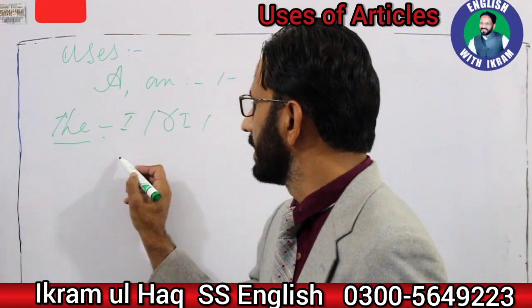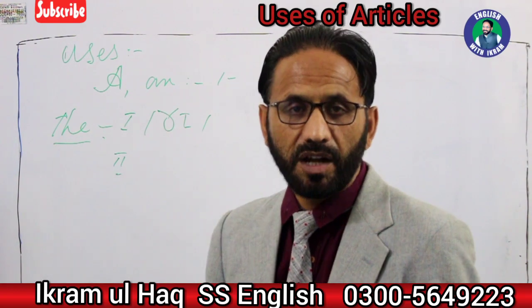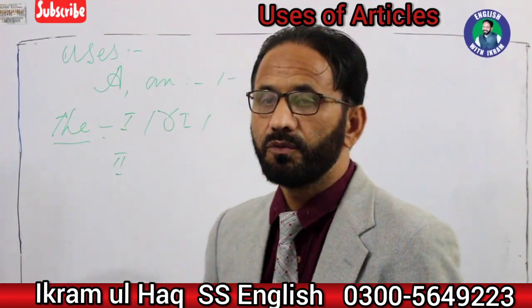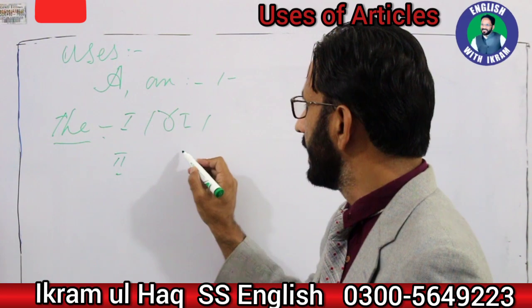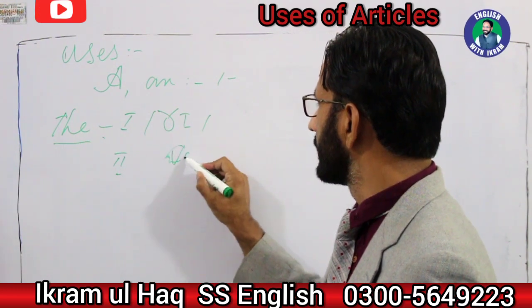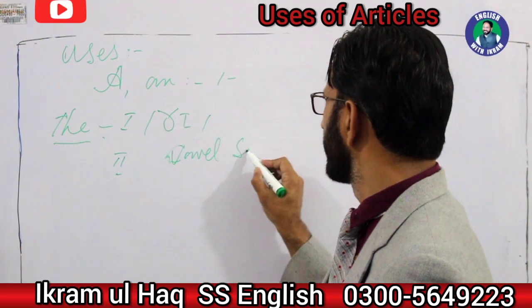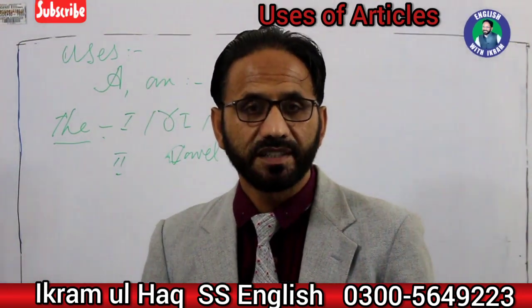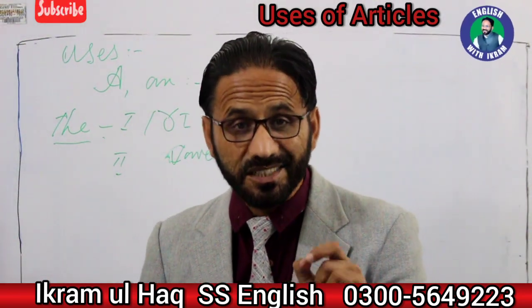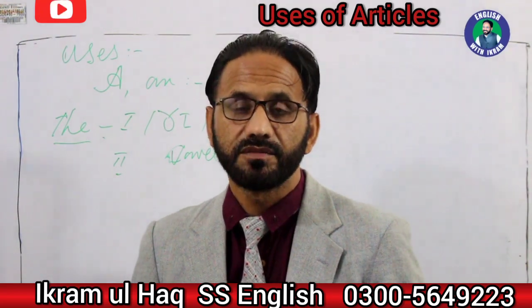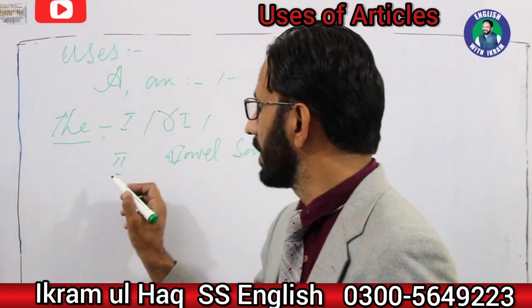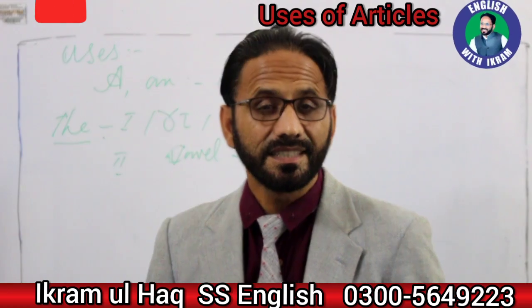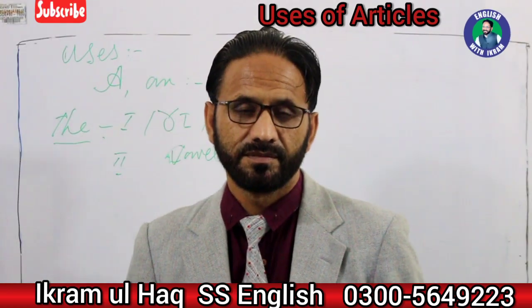The second one is we pronounce this word as "thee" when it comes before a word that starts with a vowel sound. Whenever this word comes before a word that starts with a vowel sound, we pronounce it "thee". The innocent person.